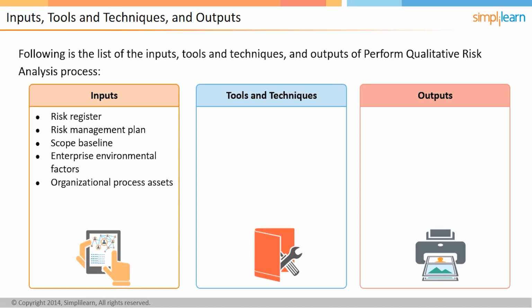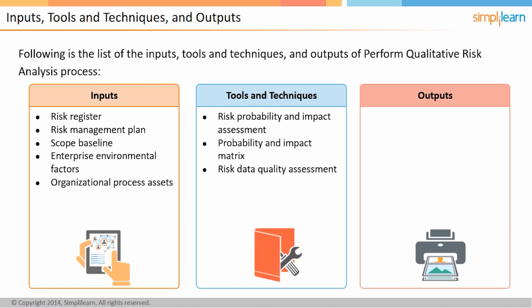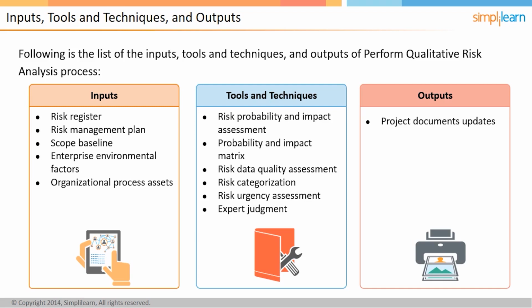The tools and techniques are Risk Probability and Impact Assessment, Probability and Impact Matrix, Risk Data Quality Assessment, Risk Categorization, Risk Urgency Assessment, and Expert Judgment. The output is Project Documents Updates. These inputs, tools and techniques, and outputs are discussed in detail in the next few screens.